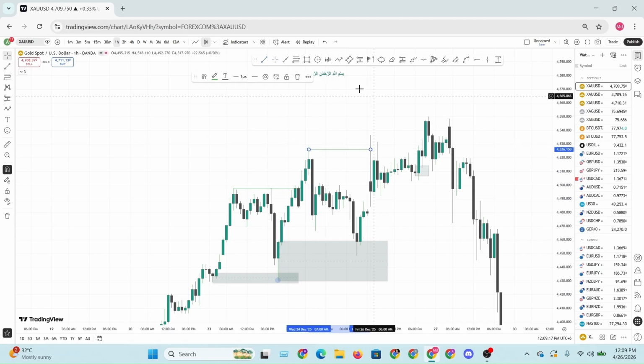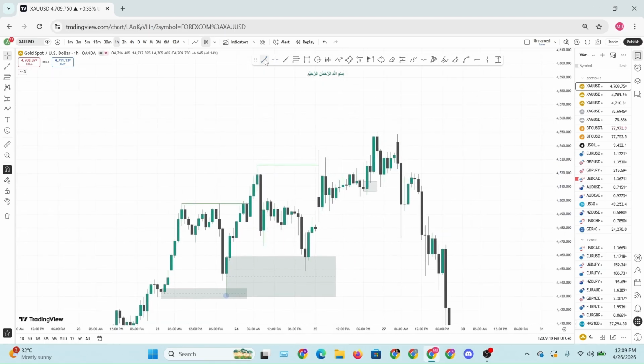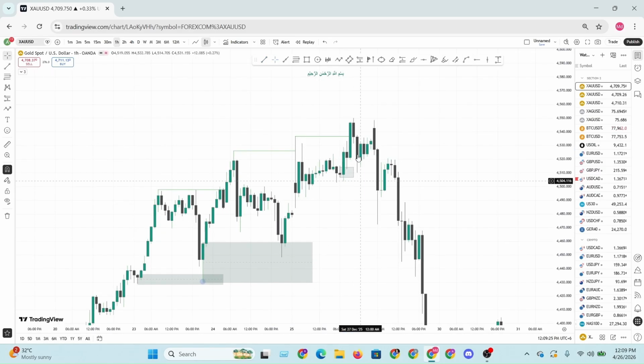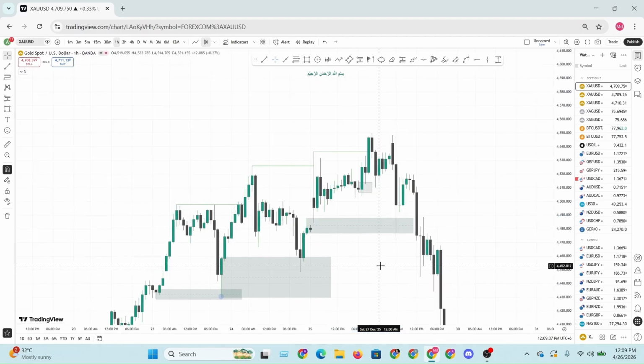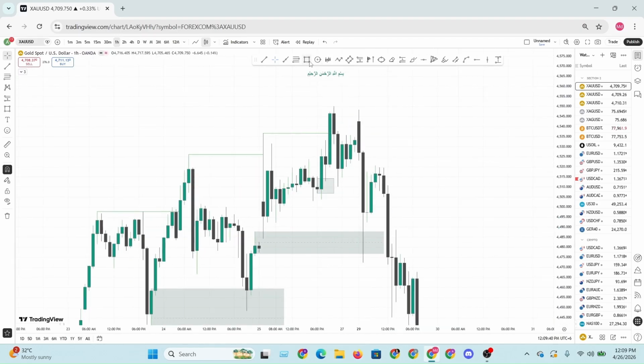Again, the market broke this level. See, the pullbacks are not coming yet. Again, it broke this level. Then it gives a pullback. And see this particular level, this gap.